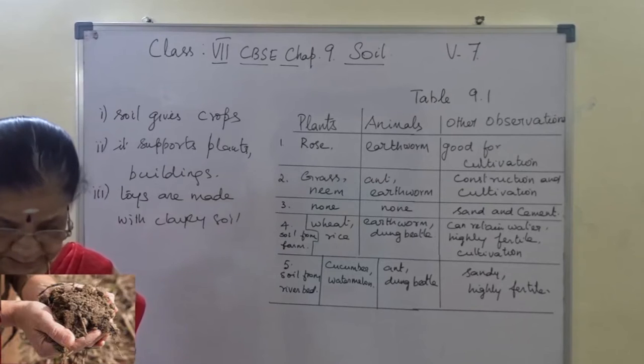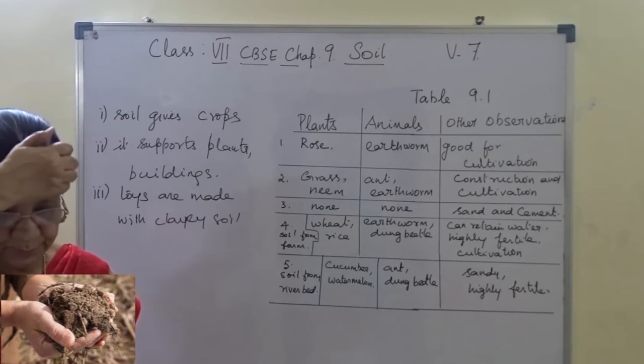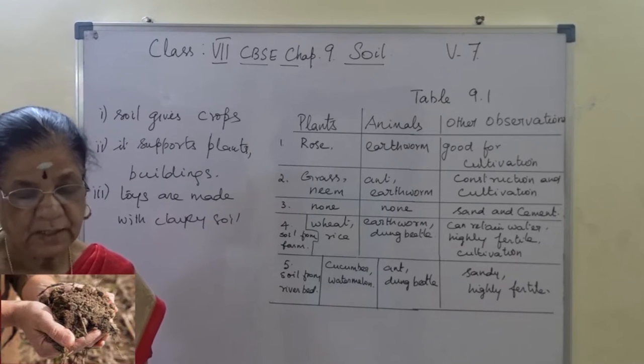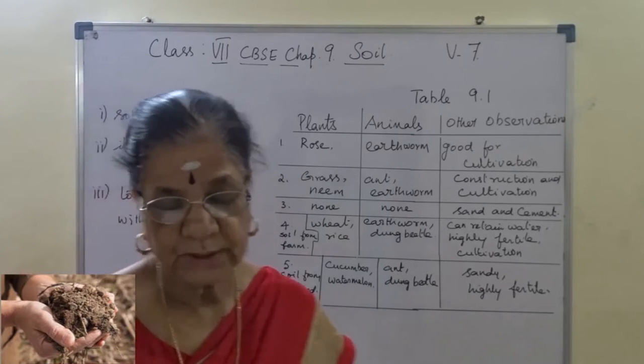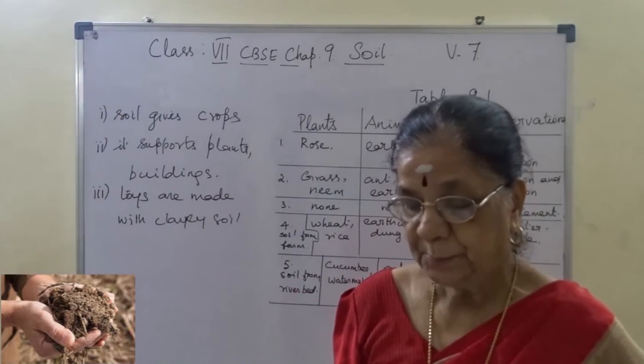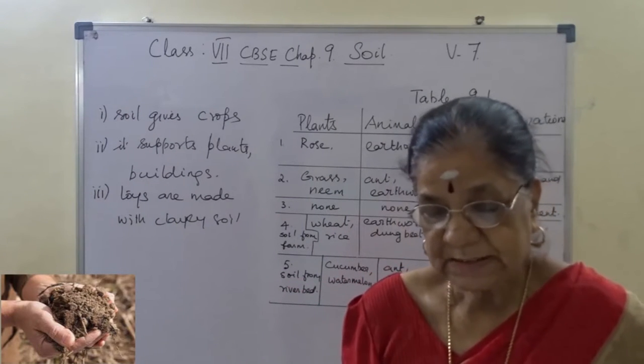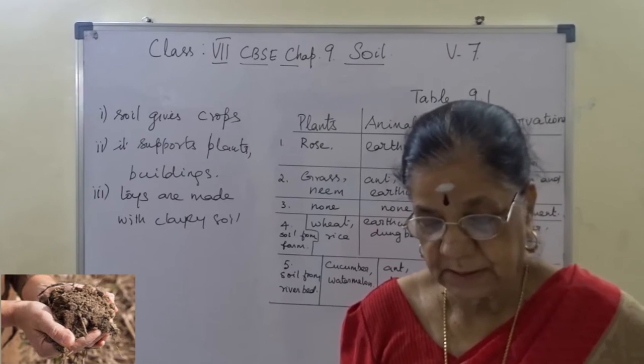At page 97, Bailey wondered why she found some pieces of plastic articles and polythene bags in the soil sample collected from the roadside.